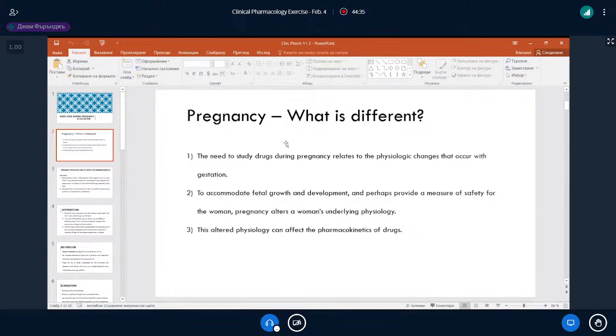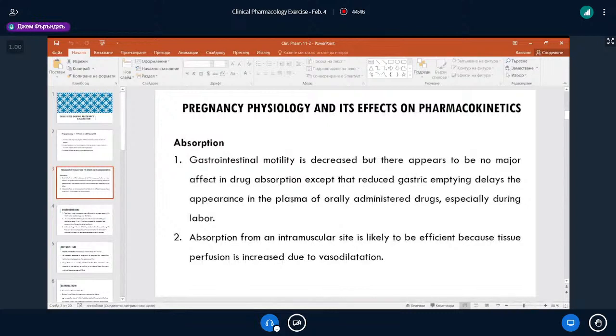So this is an important topic also in clinical pharmacology, and we need to just go over the changes that can affect the pharmacokinetics of drugs during pregnancy. If we have to talk about absorption, actually not a lot of changes that are really important happen.